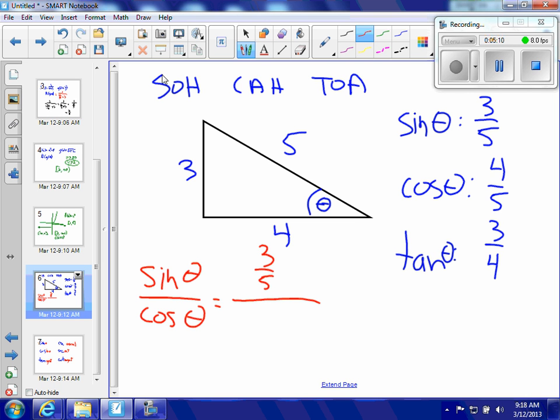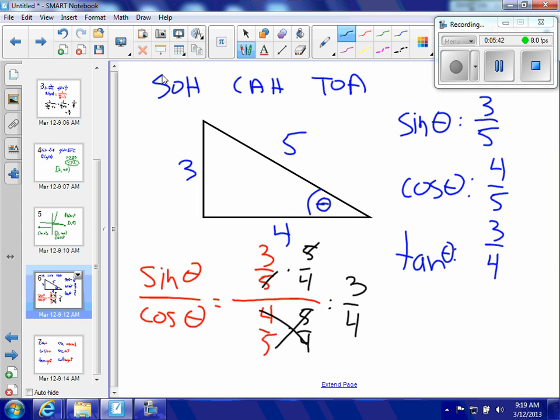We okay with that? So I have a fraction over a fraction. I need to get rid of this denominator here, so I'm going to multiply by its reciprocal, 5 over 4, on the top and the bottom. That becomes 1, and this becomes 3 over 4. Is that right? And what do you know? Sine over cosine is the same thing as tangent.